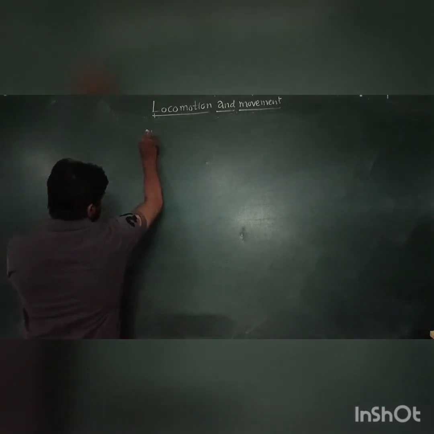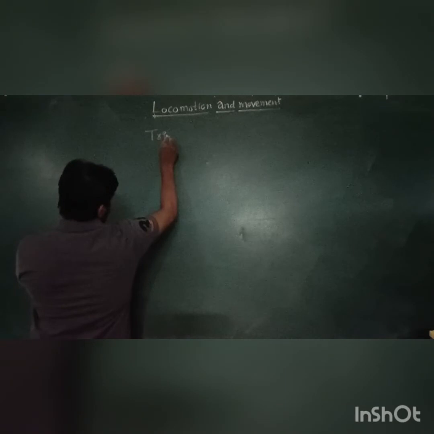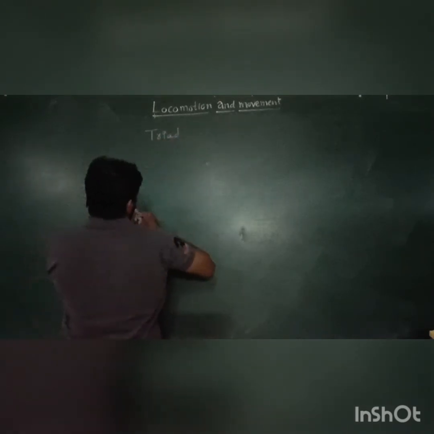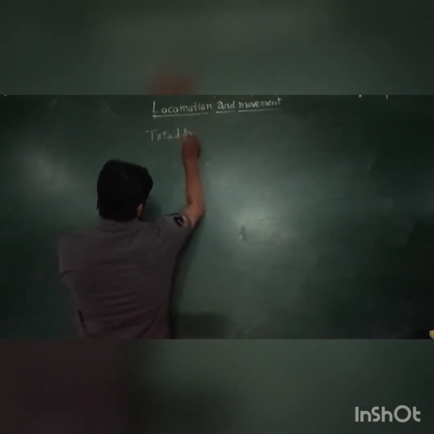Terminal cisternae are nothing but parts of the endoplasmic reticulum. The muscle endoplasmic reticulum is called the sarcoplasmic reticulum.